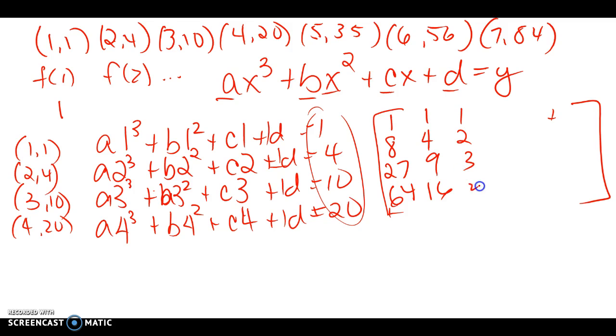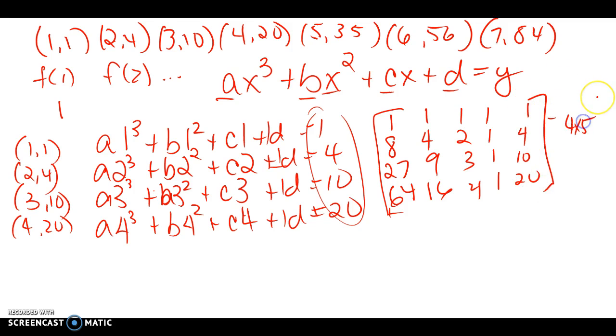Then 1, 2, 3, 4, and my answer column is 1, 4, 10, 20. Right? This one's a little bit bigger. Oops, I missed a column, didn't I, folks? I forgot the d column, which are all 1s: 1, 1, 1, 1, and then 1, 4, 10, 20. So this is a 4 by 5 matrix.